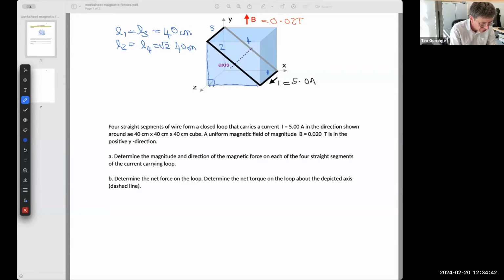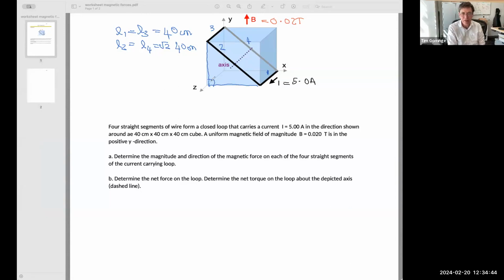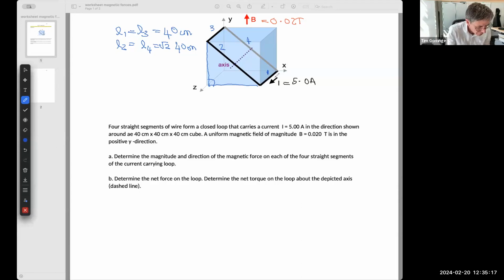The vertical side here is 40 centimeters. The hypotenuse then is the square root of the sum of the squares of those two, so the square root of 40 centimeters squared plus 40 centimeters squared. So we get the square root of 2 times 40 centimeters squared, which is the square root of 2 times 40 centimeters. Okay, now I can go on and figure out the forces on these four sides.